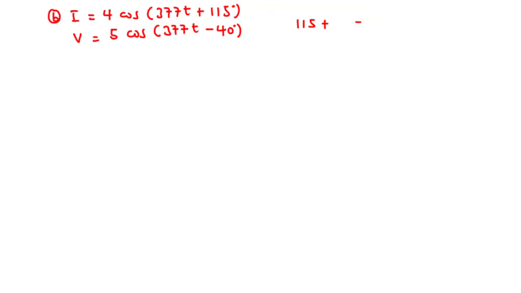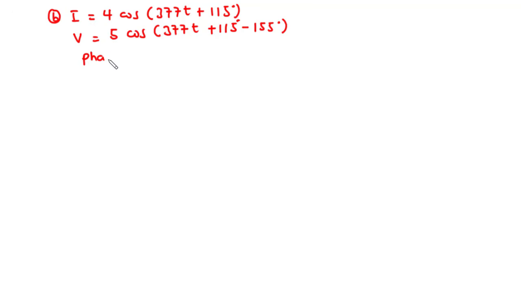Therefore, we can express negative 40 as 115 minus 155 degrees, and then 115 minus 155 is negative 40. Therefore, we have 115 here. We also have 115 here. The phase angle between the two signals is 155 degrees.